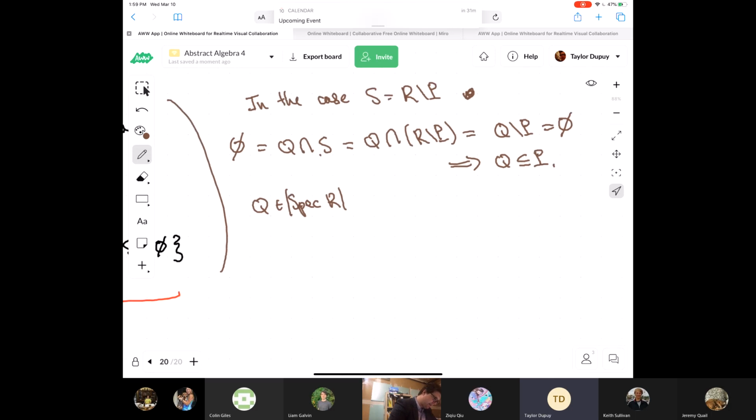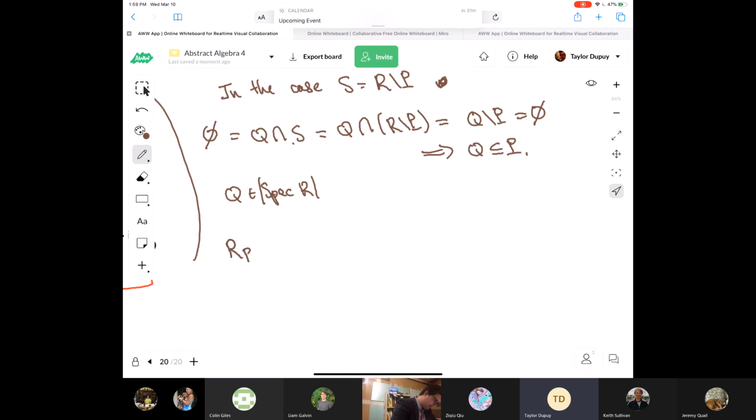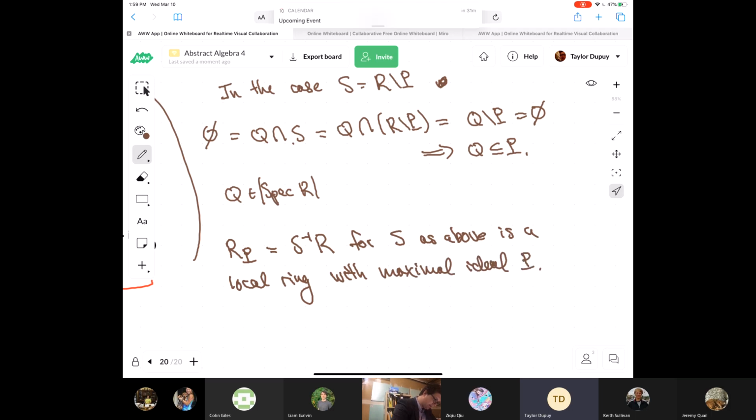Okay. So in particular, R_P here, so this is S inverse of R for S as above, is a local ring with maximal ideal P. And so what this is saying is that all the other prime ideals, so remember prime ideals correspond to varieties, they have to pass through P. P is the maximal ideal, or it's the only closed point.